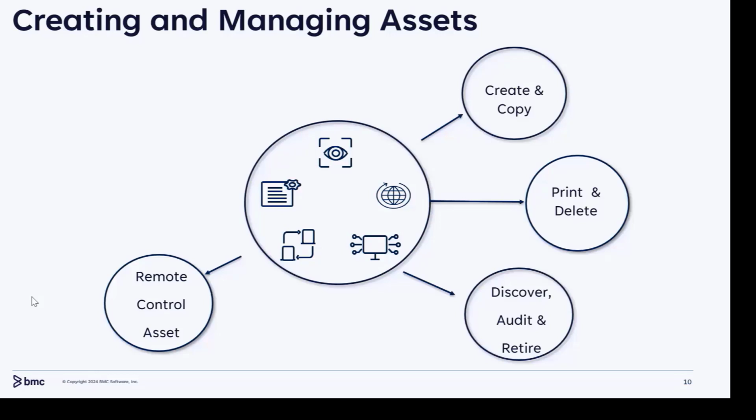Now, Trackit has an option to remote control Windows machines, Mac machines, except Linux machines. Trackit has an option to remote control an asset from the asset management dashboard, the asset form, ticket form, or the assignment forms. The point to note here is that if you retire an asset, you cannot audit or remotely control any asset.